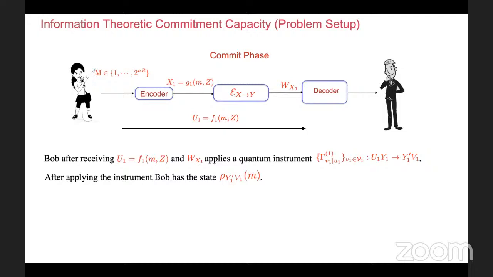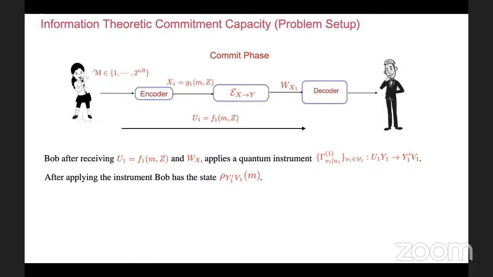In the next step, depending upon the input U1 which Bob has received in the first step from Alice, and the state which Bob has received, Bob measures the channel output, which is W X1 here.